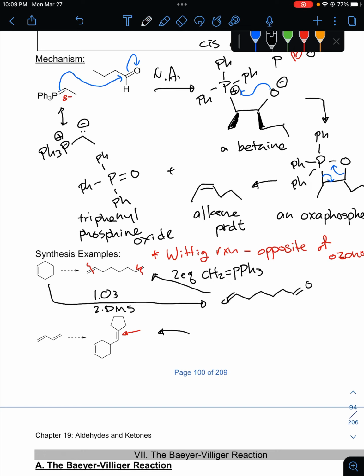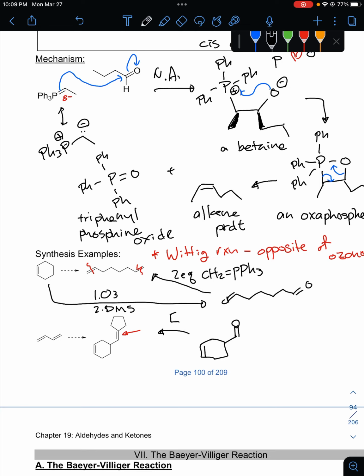Okay, so once we decide on that, the aldehyde, so far we've only used aldehydes. I want you to know that Wittig also works with ketones, but I just don't have such examples shown here at the moment. But the carbonyl compound that would produce that would be this aldehyde. Hopefully that makes sense.